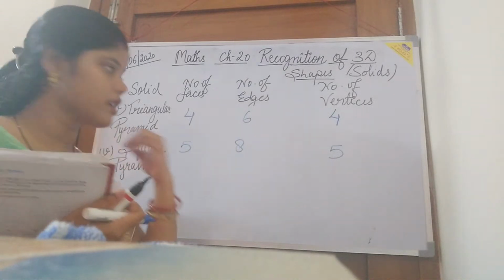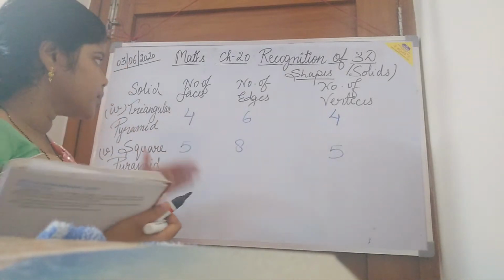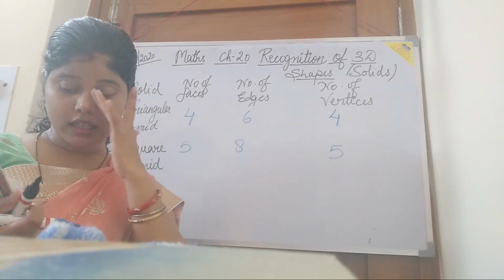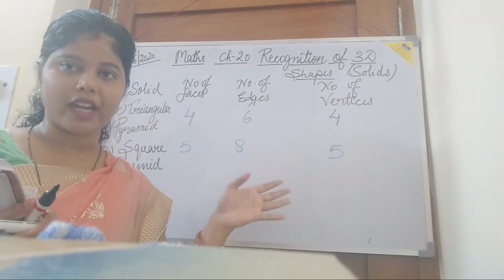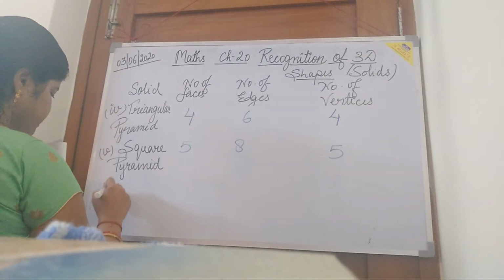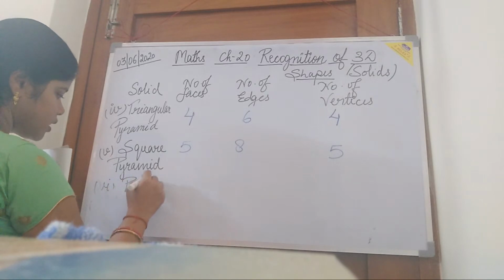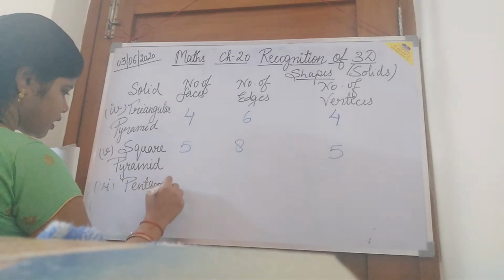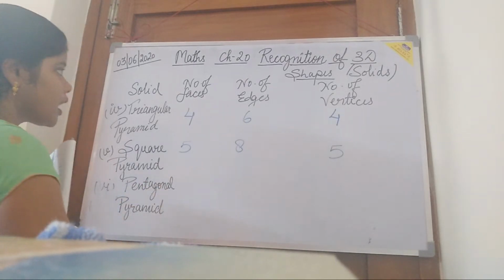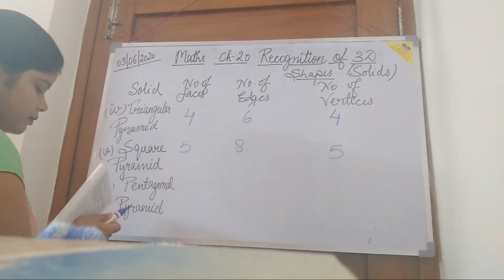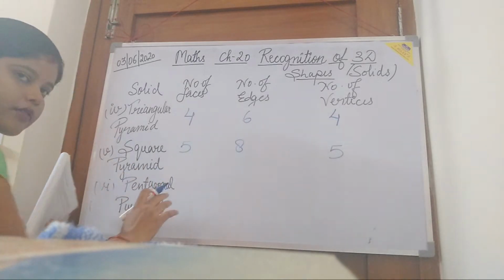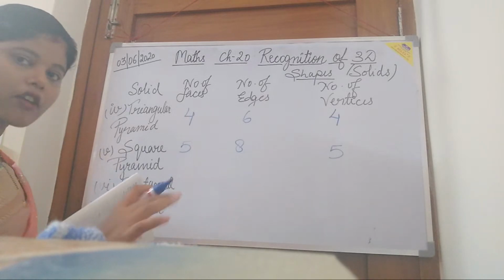I hope you all understand this, how to write the number of faces, number of edges, number of vertices very well. Now the next figure, which we have already discussed just now, the Pentagonal Pyramid. So the 6th figure is a Pentagonal Pyramid. In this Pentagonal Pyramid, number of faces: pentagon means 5 sides, so the base has 5 sides.